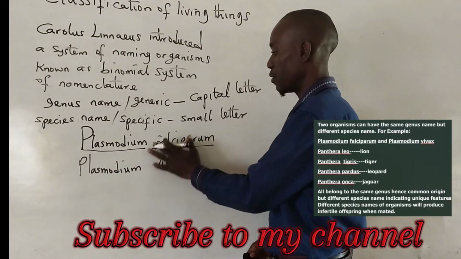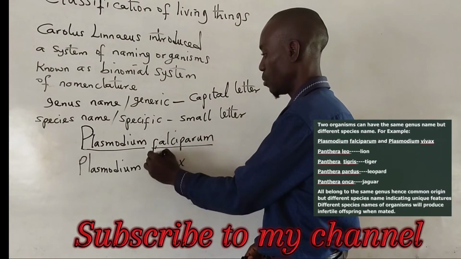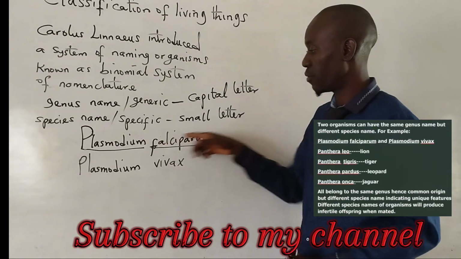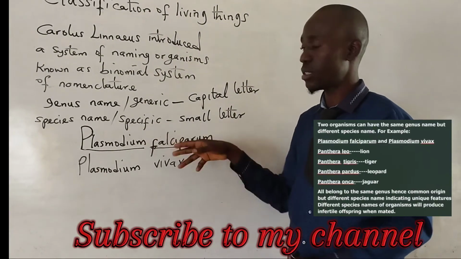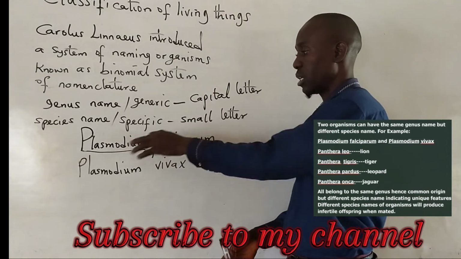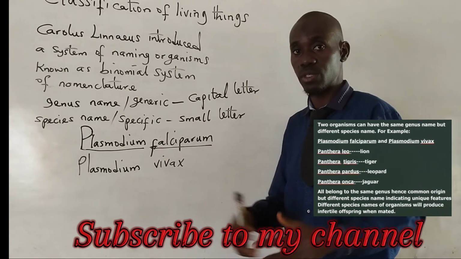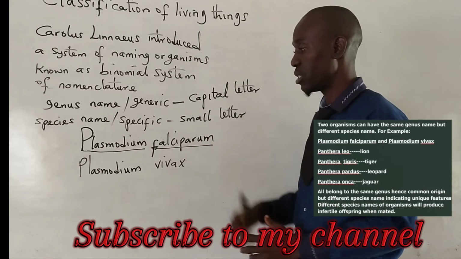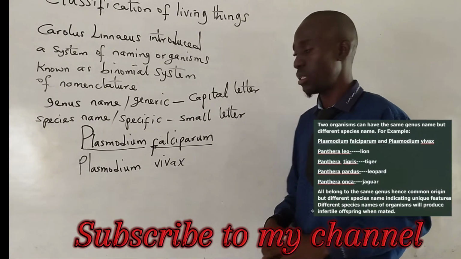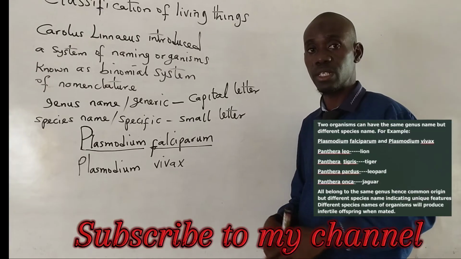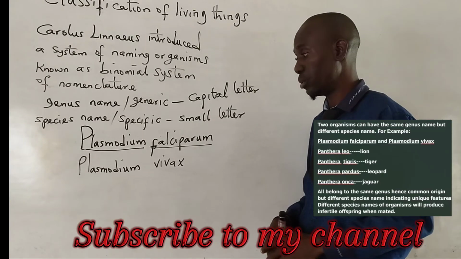The first letter of the specific name must be in small letter. And both of them must be underlined separately. There must be a space between them. They should not be written together. And when it is typed, they both appear in italics and bold.